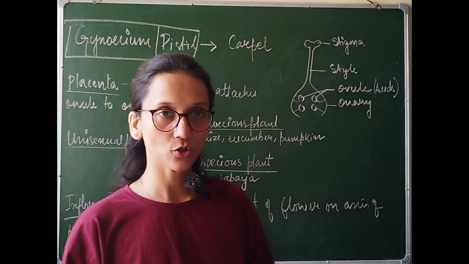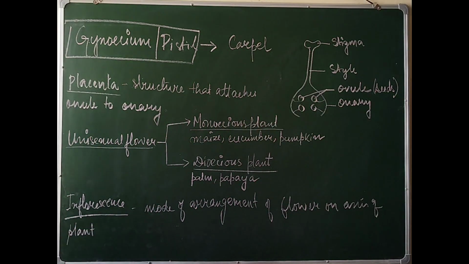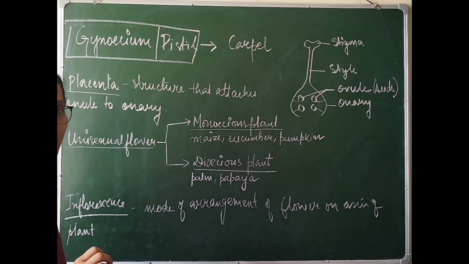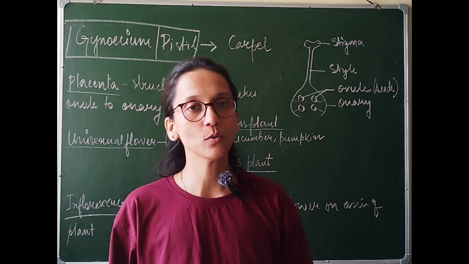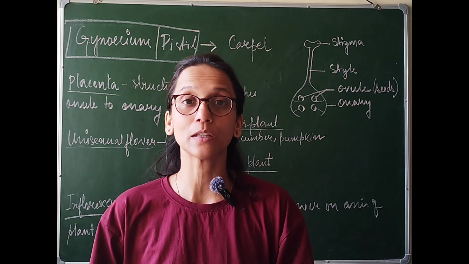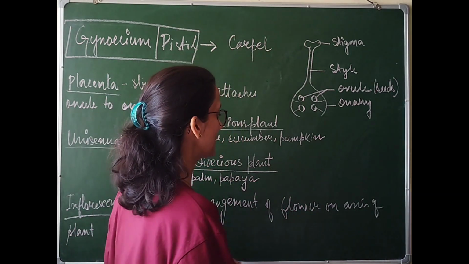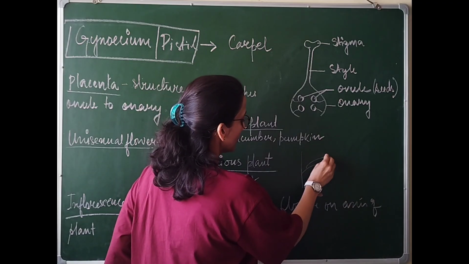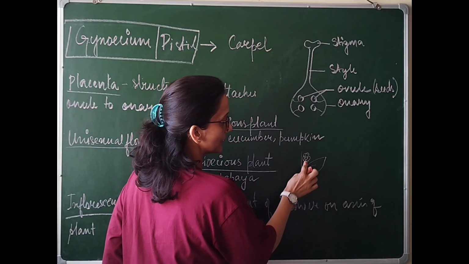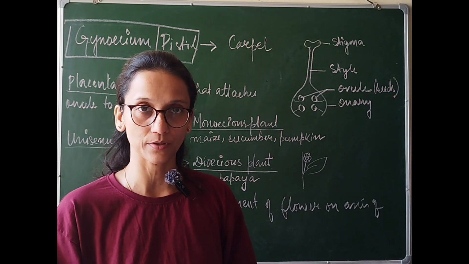The last definition of this chapter is inflorescence. Inflorescence refers to the arrangement of flower on the axis of a plant. And remember one thing, there are different kinds of arrangements which are available in nature. So sometimes we find a flower appearing from the axil of a leaf. So this is the axil of the leaf, and from here the flower appears.